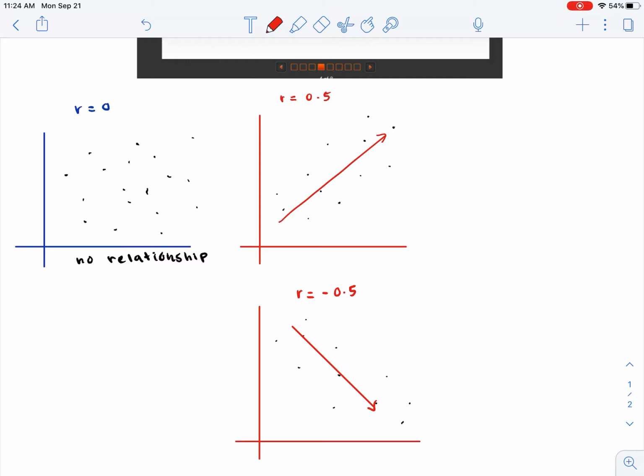So I see somewhat of a line, but it's not an exact straight line. So the strength isn't strong, but there's somewhat of a relationship.